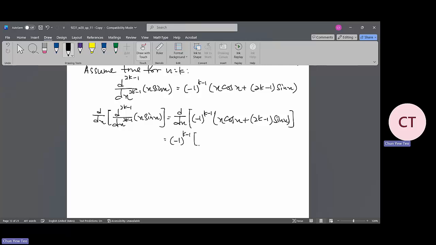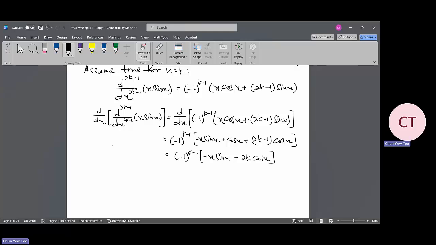Keep the left, differentiate the right, plus keep the right, differentiate the left. Then this one will be 2k minus 1 cos x. Simplify it, you will get this. Negative x sine x plus the 2k cos x.